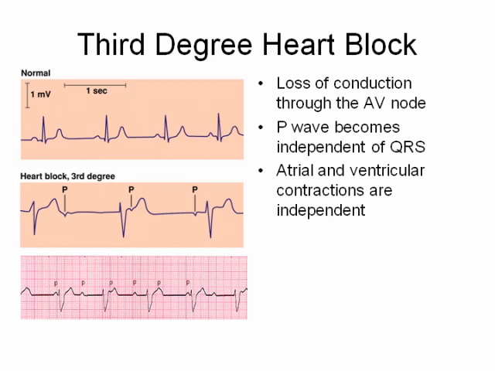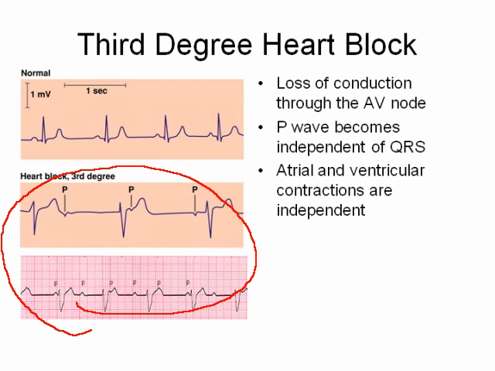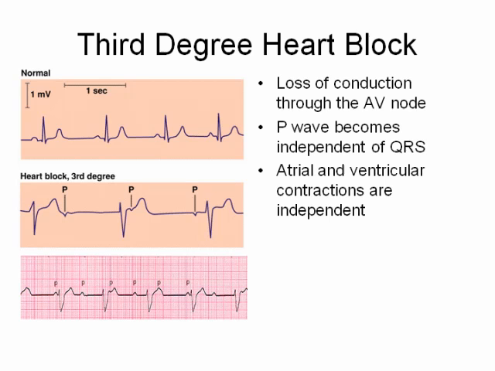It can progress and become worse, moving to what we call third-degree or complete heart block. Again, we have our normal EKG. Here are 2 different examples of third-degree heart block. In this case, if you notice, here we have a QRS complex, a T wave, then a P wave. No QRS complex.